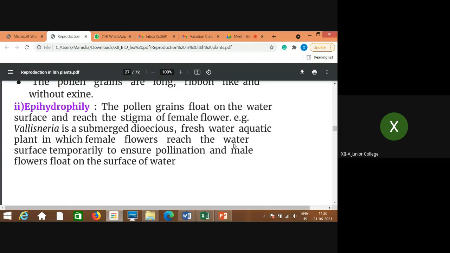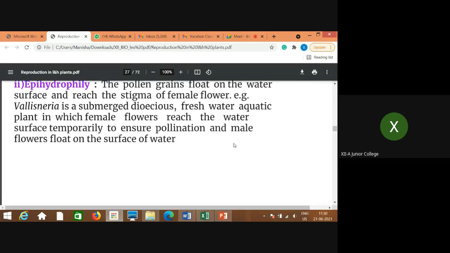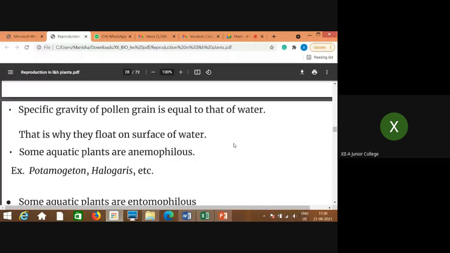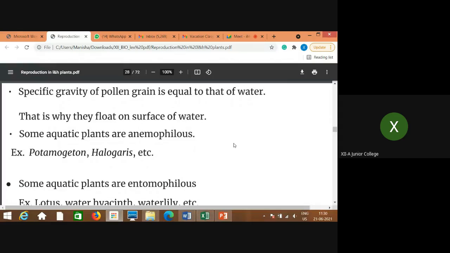It is coiled in this plant, meaning male and female parts are both present, but for cross pollination it comes above the water surface to receive the pollen grains. So the specific gravity of the pollen grain is equal to that of the water in epihydrophily, and that is why they float on the surface of water.